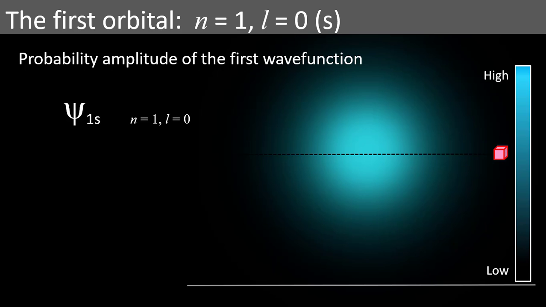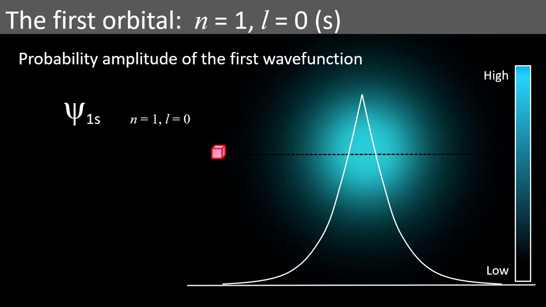The wave function is spherically symmetric, so it doesn't matter where we start. But let's imagine taking a little box with dimensions dx by dy by dz and ask what is the value of psi inside the box as we move it from one side to the other, passing through the atomic nucleus at the centre.